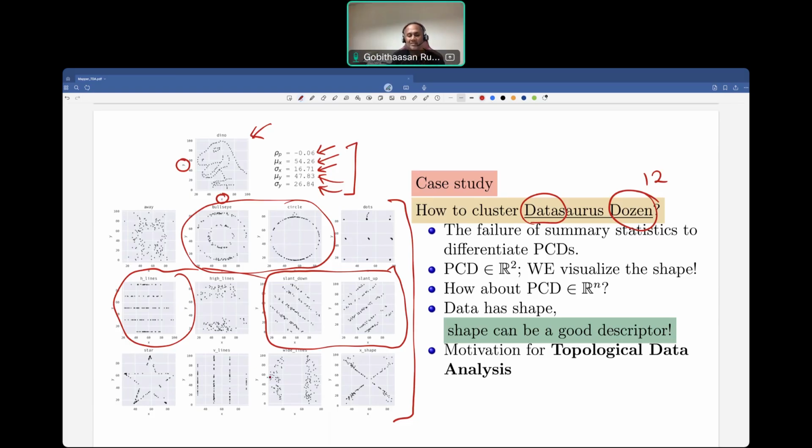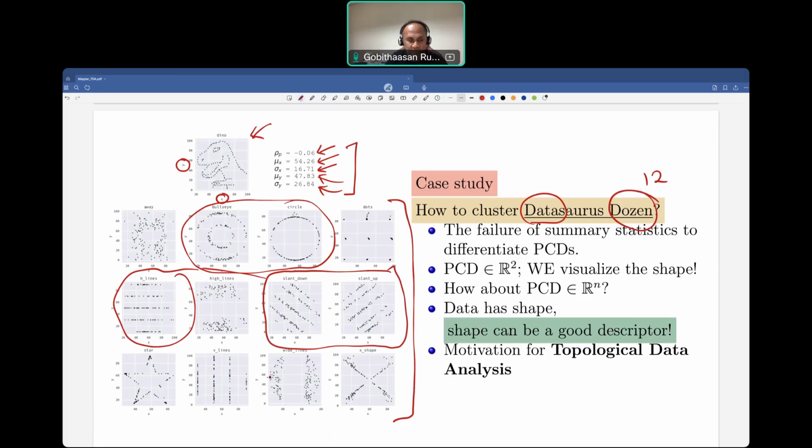So what it means here is that visualizing them is very important. When you visualize them, what you're doing is looking at the shape, right? So shape is very, very important. The information of the shape can be used for machine learning purposes.